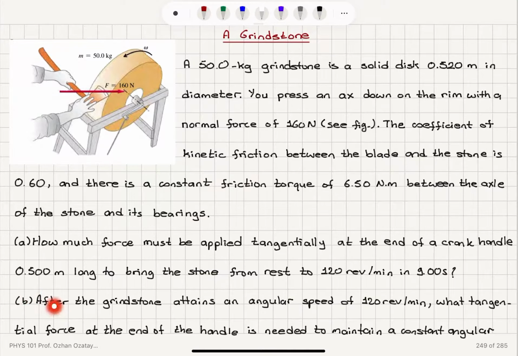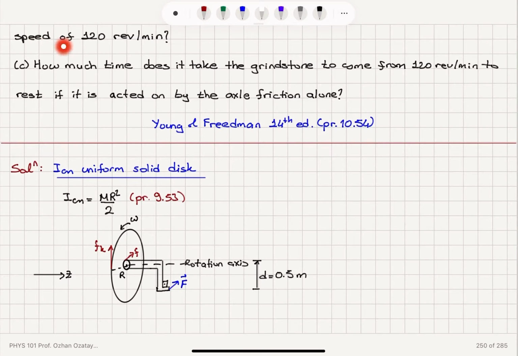Part B: after the grindstone attains an angular speed of 120 revolutions per minute, what tangential force at the end of the handle is needed to maintain a constant angular speed of 120 revolutions per minute? Part C: how much time does it take the grindstone to come from 120 revolutions per minute to rest if it is acted on by the axle friction alone?